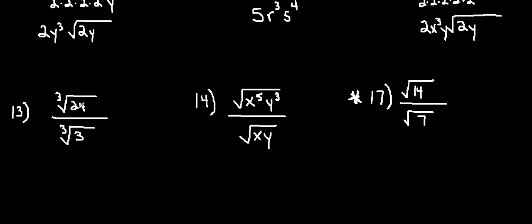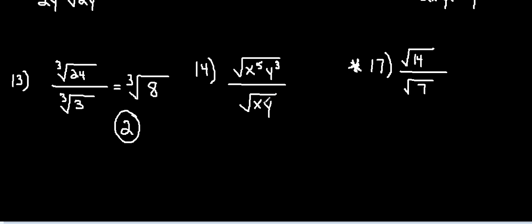Now I've got numbers here that are divisible, and so I can write this up as the cube root of 24 divided by 3 is 8. And then I have to check, can I simplify that cube root of 8? 8 is a cube number, so the cube root of 8 is 2. Okay, and that would be my answer for number 13.